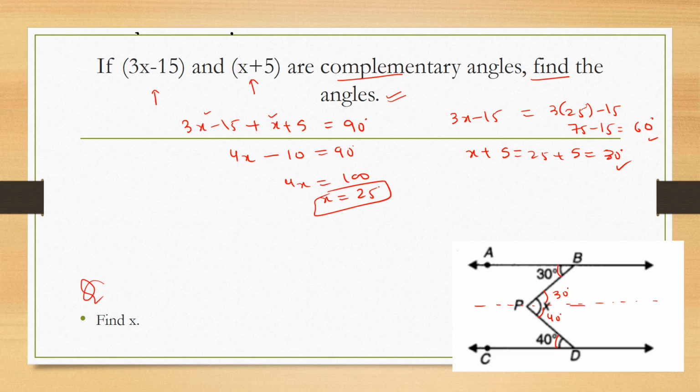Again, alternate, right? So because of the alternate interior angles concept, we have got x as 30 plus 40, that is 70 degrees, right? Let's move on to the next concept.